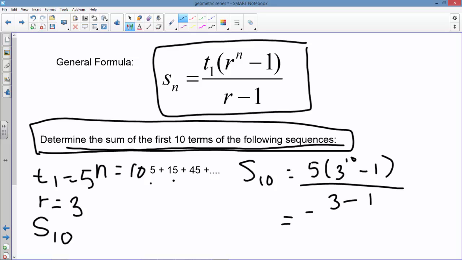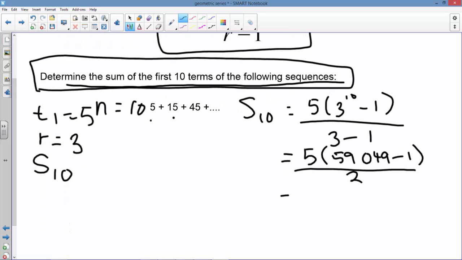So this would be 5, and then 3 to the power of 10 is quite a big number, so I'm going to have to do that in my calculator, and that is 59049 minus 1 divided by 2. Okay, so I'm just going to scroll down a little bit here.